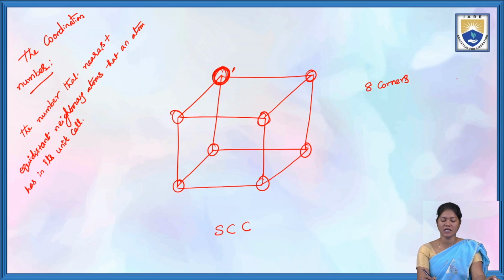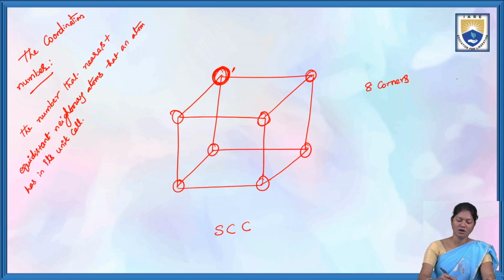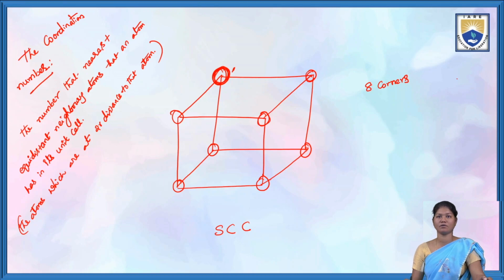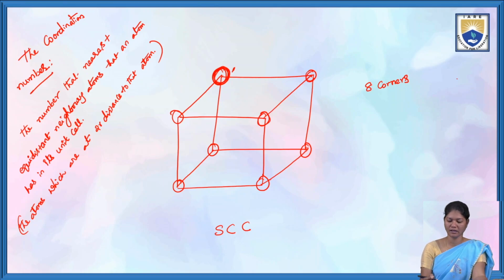The nearest neighboring atoms can also be taken as the atoms which are at 2r distance to that particular atom. So the nearest neighboring atoms are at 2r distance.